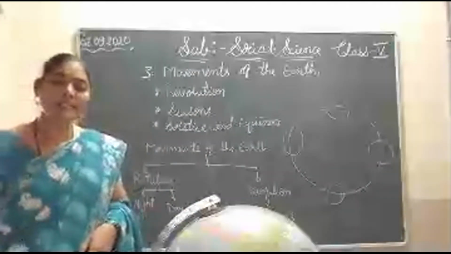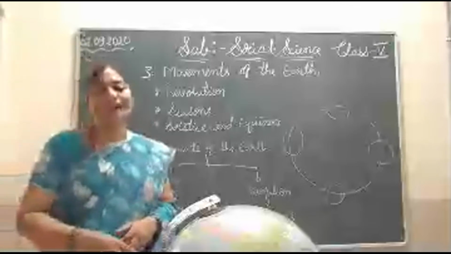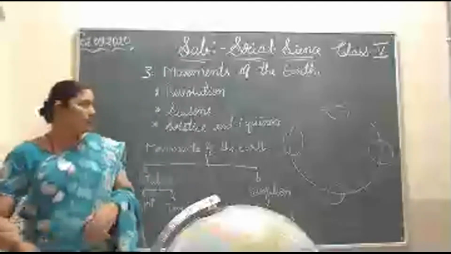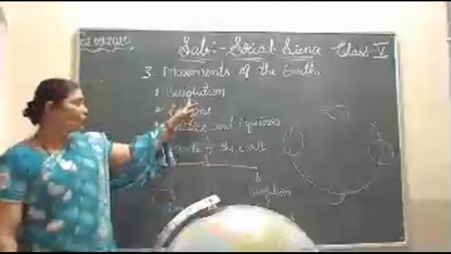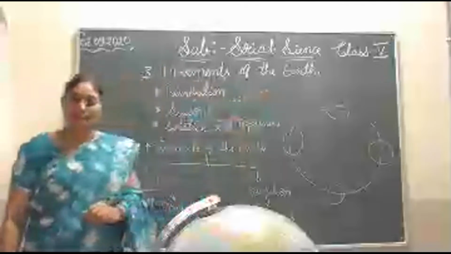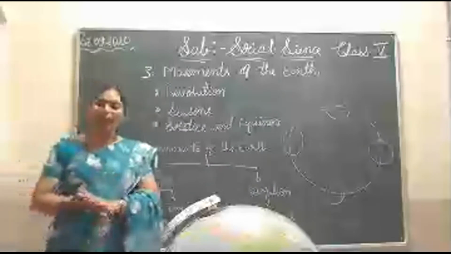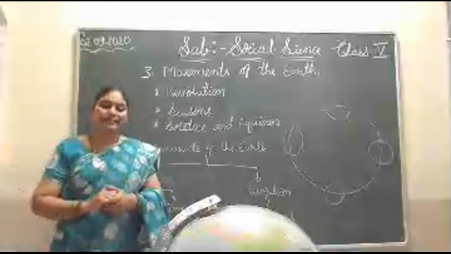Rotation of Earth causes day and night. Then revolution of Earth causes seasons. Today I am going to explain the movements of the Earth in this lesson. The Earth does not only move around its axis.